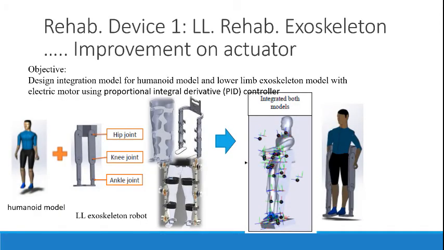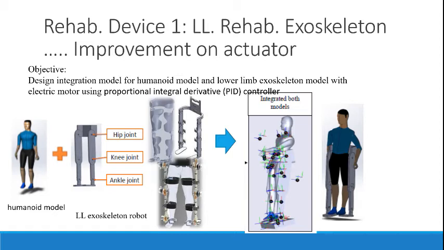Okay, this slide I discuss Rehab device 1, the lower limb rehabilitation exoskeleton, which is an improvement from the earliest device. The improvement is done on the actuators. The first device used pneumatic actuation, while for this one we use electric motors.